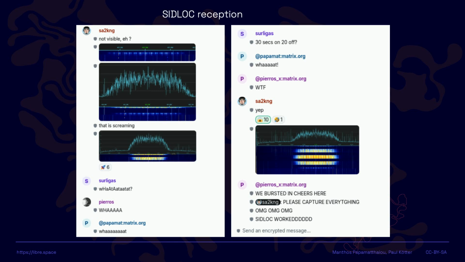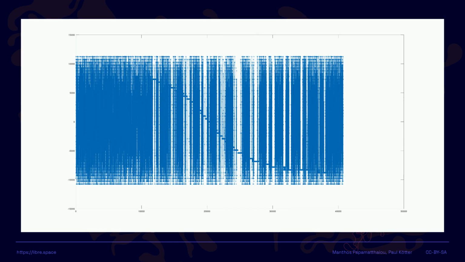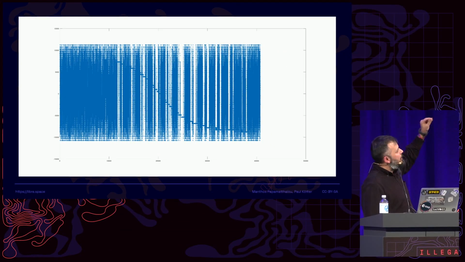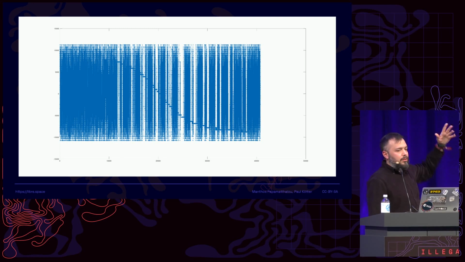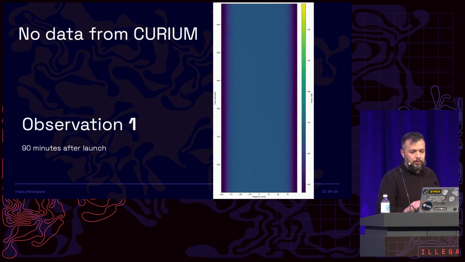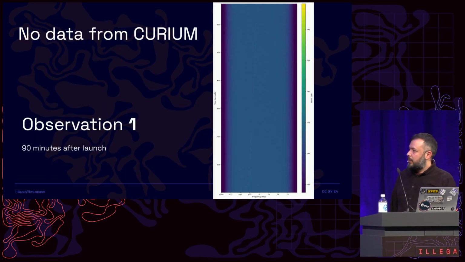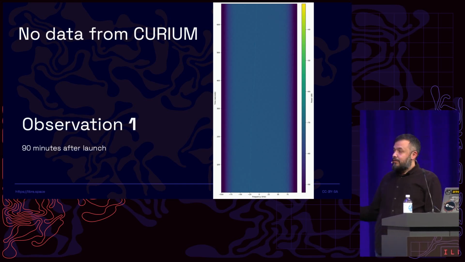This is the spectrum signal, and this is the signal analyzed, and you can see the characteristic S-curve from the Doppler shift. Inside the noise, you can see the spots that are decoded, and we found the middle of the signal and calculated the Doppler shift.